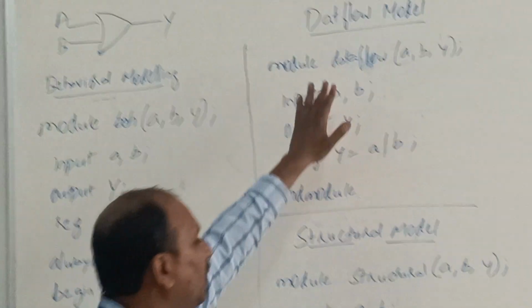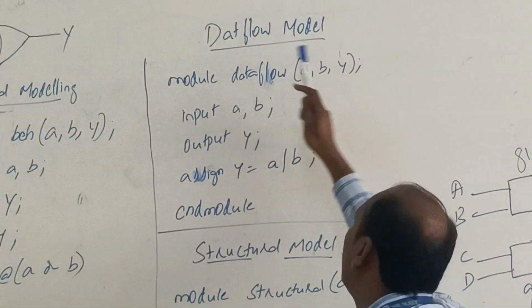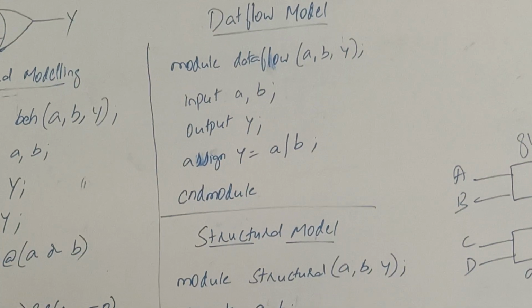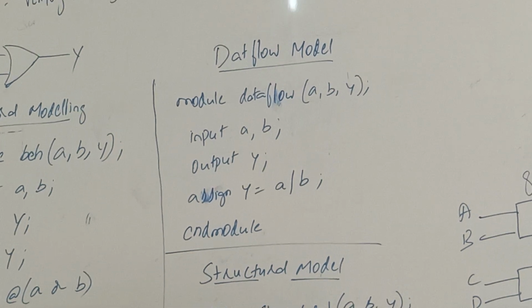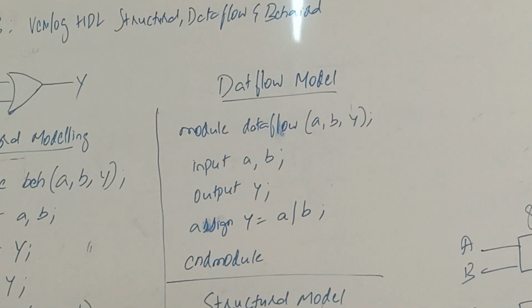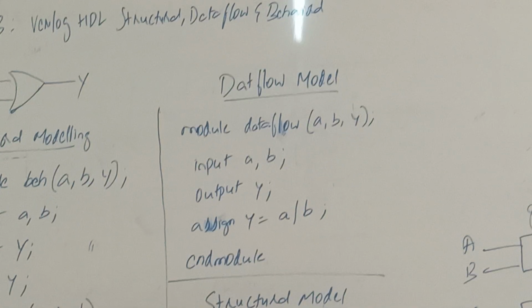Next, let me go with the dataflow model. As I explained, the dataflow model means I just write a formula, assigning the right hand side to the left hand side.